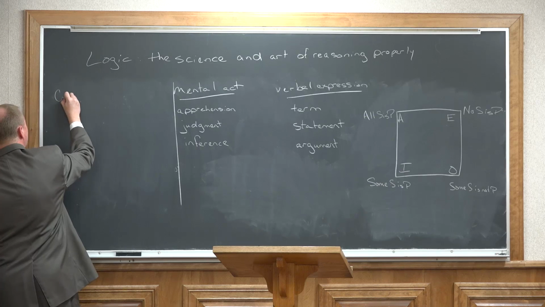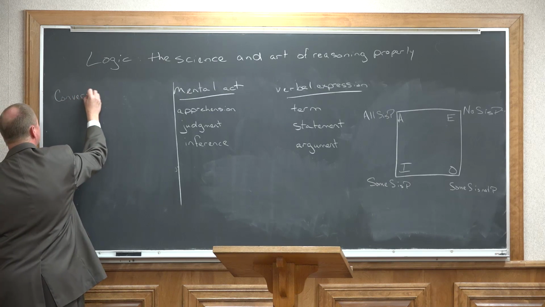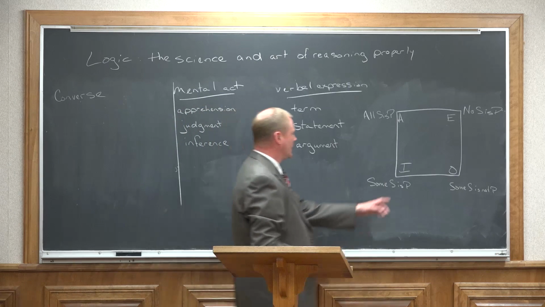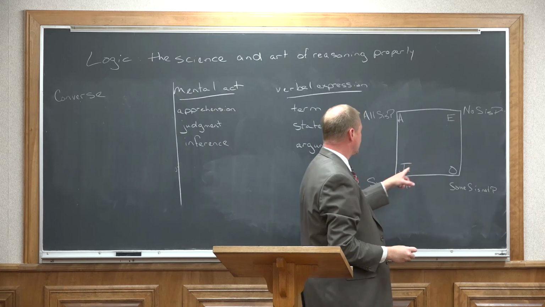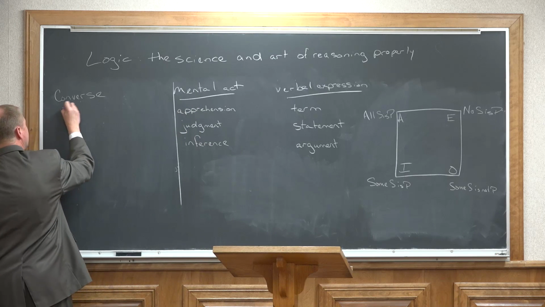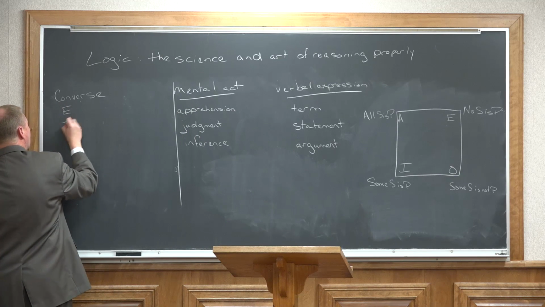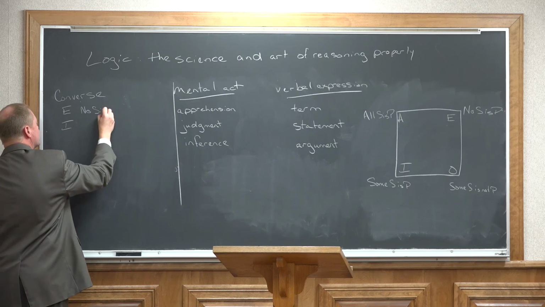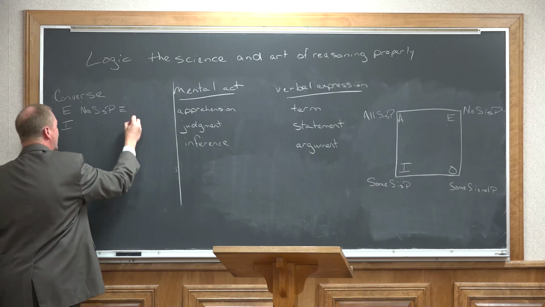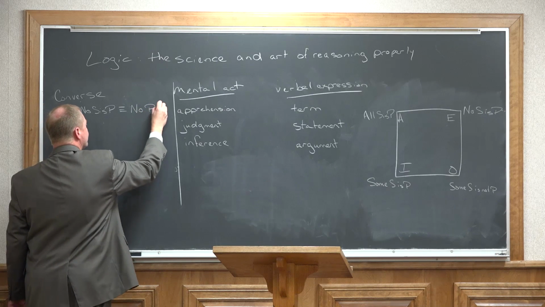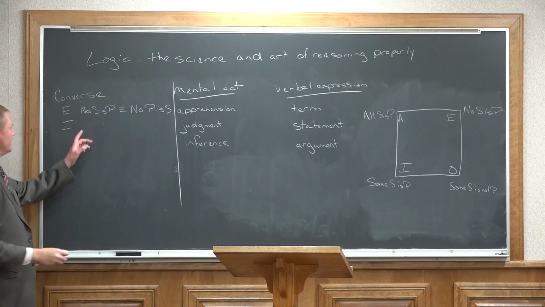The first one is converse. We can use converse on the E statement and the I statement. Okay? E and I. E, no S is P, is logically equivalent to no P is S. Okay?